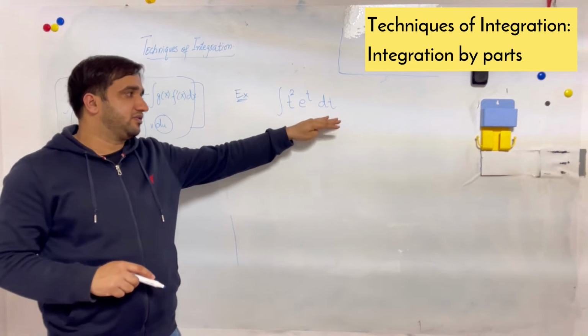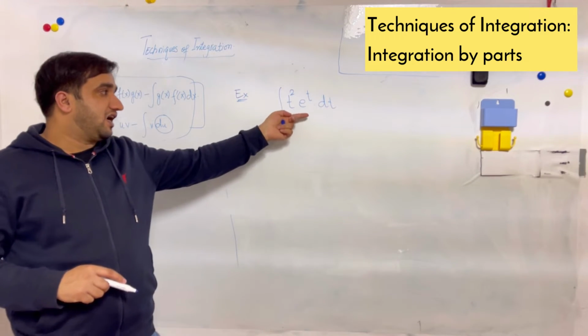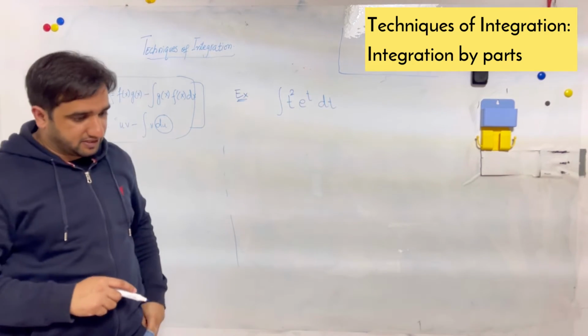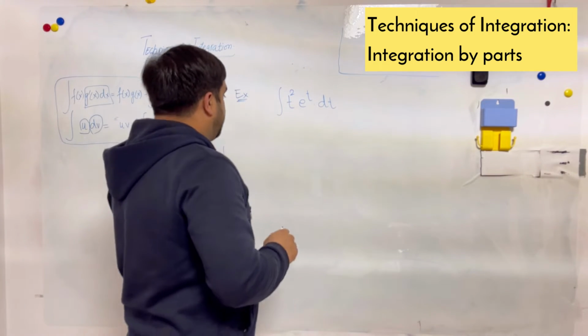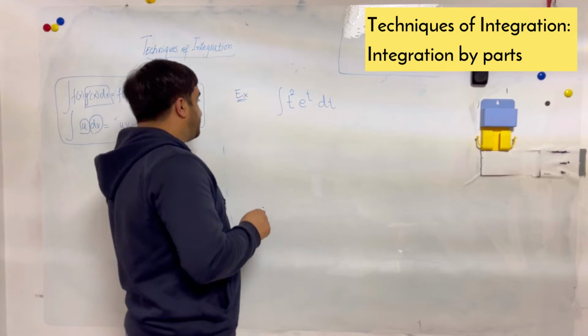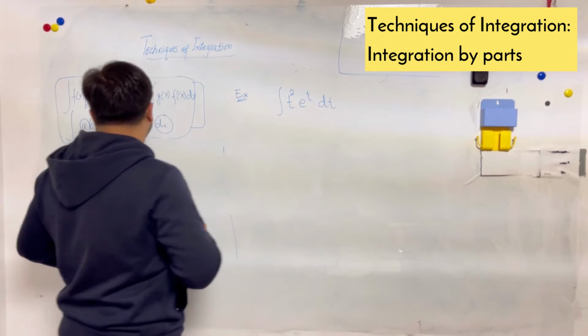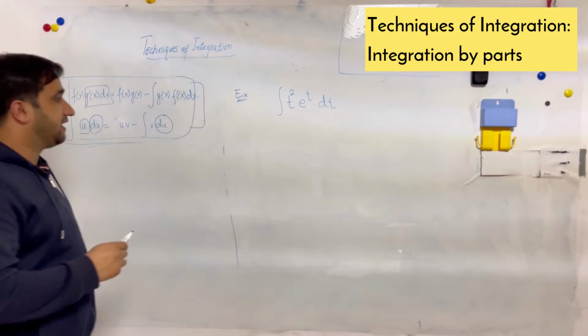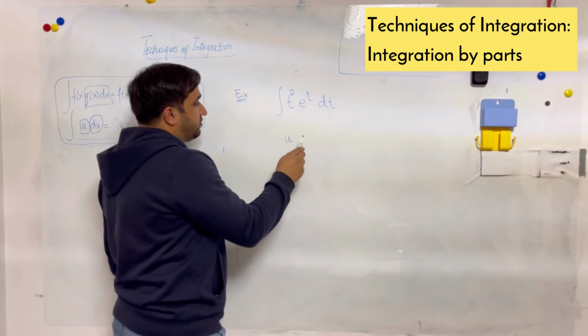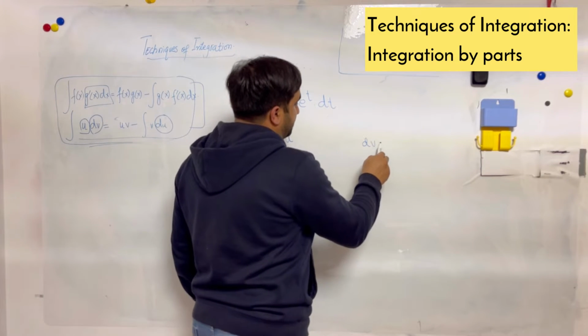You know that you can always write any variable of your choice. Now you tell me which one should be the first function. For example, if we are adopting the uv formula, then which one should be the u and which one should be the dv.